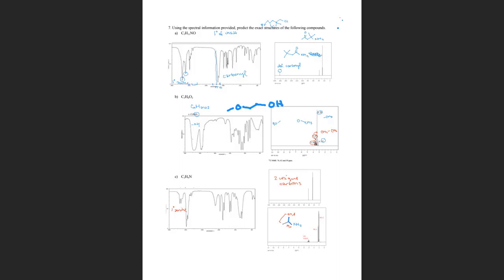Hmm. Okay, what's a way that we can cut out one of the carbons here easily? Sorry. No, you're good. So make something like this.